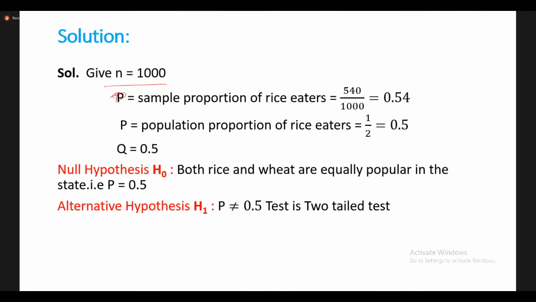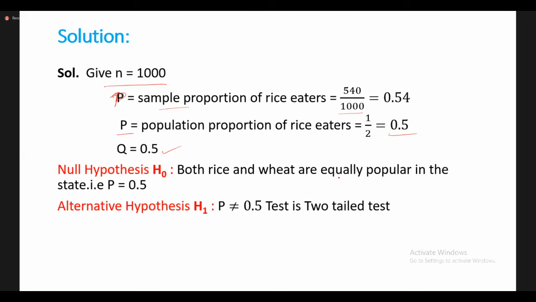Sample proportion small p equals 540 by 1,000, which is 0.54. Population proportion capital P is equal to 1/2. Capital Q is 1/2. After that, the first step is to set up the null hypothesis.